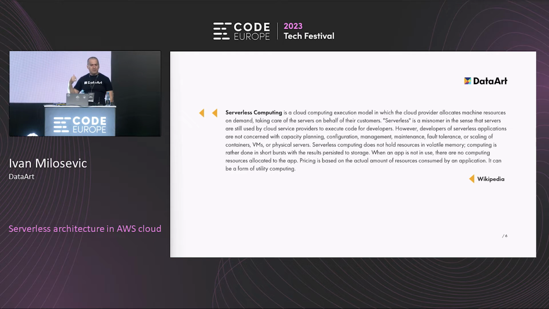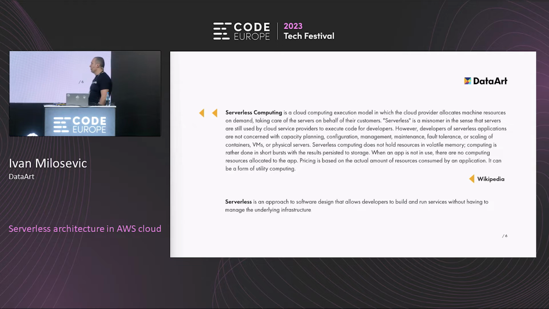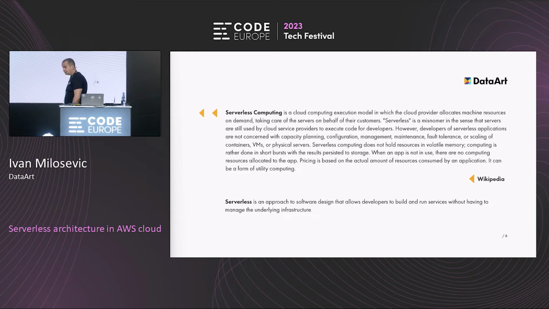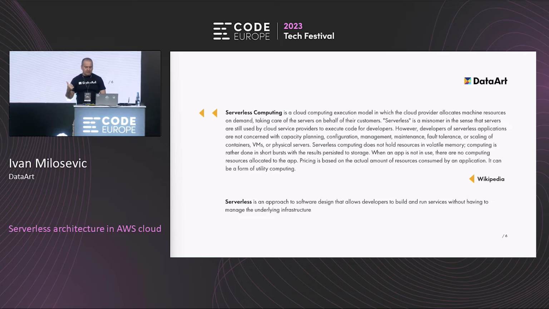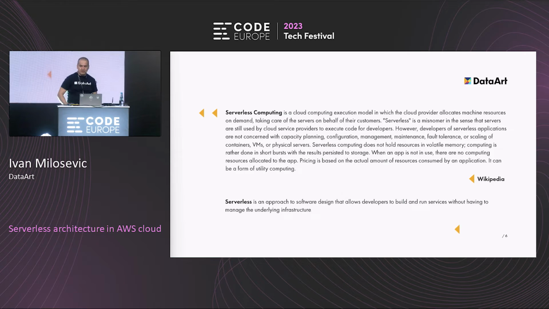So for the sake of clarity and simplicity, I prefer to use this definition: serverless is an approach to software design that allows developers to build and run services without having to manage the underlying infrastructure. Does anyone of you know who actually created this definition?